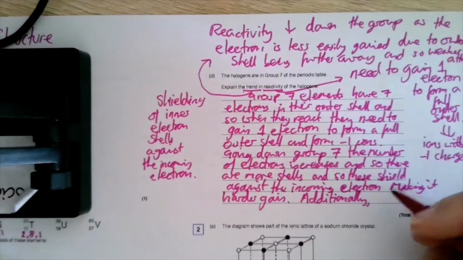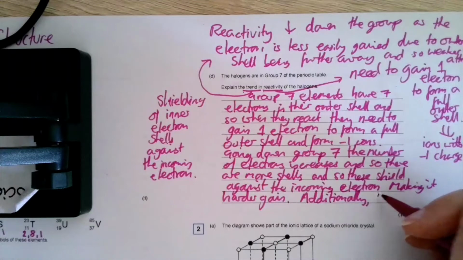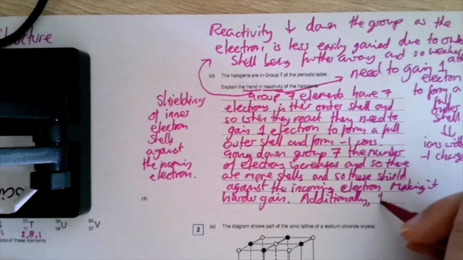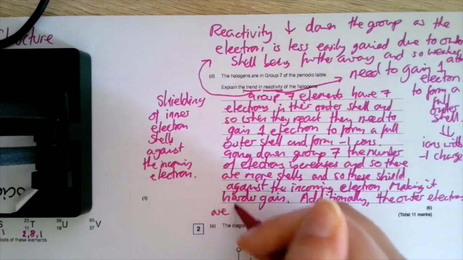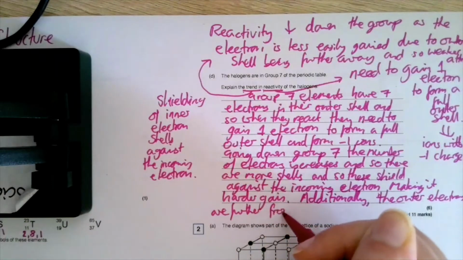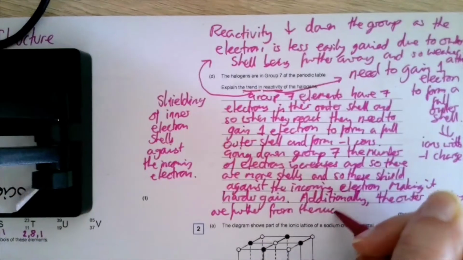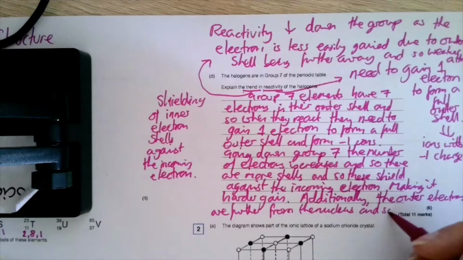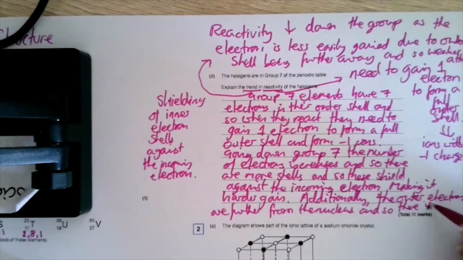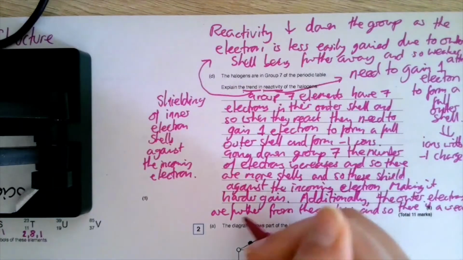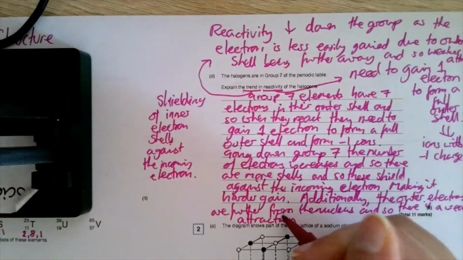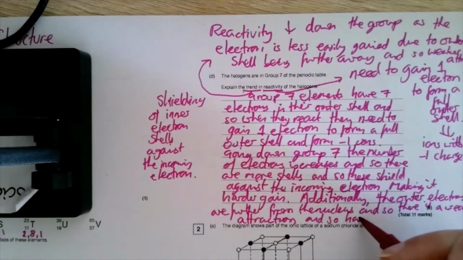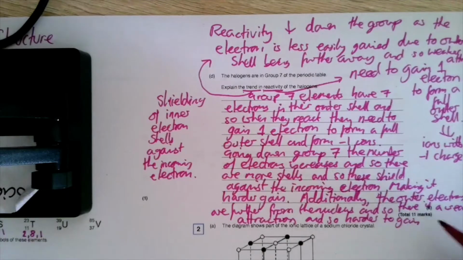Additionally, the outer electrons are further from the nucleus, and so there is a weaker attraction, and so harder to gain the electron.